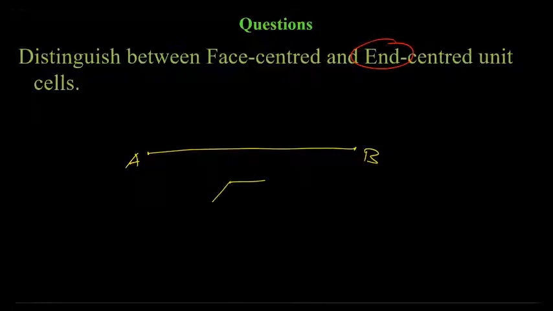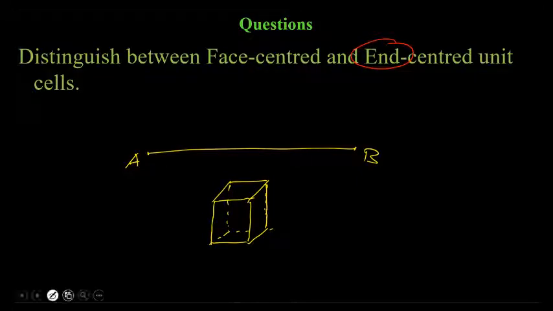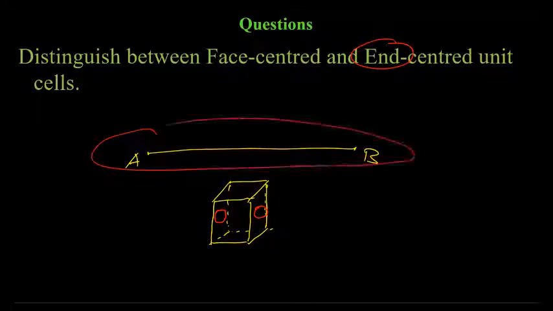If you have a unit cell, then the ends mean opposite faces. Compare it with a line.